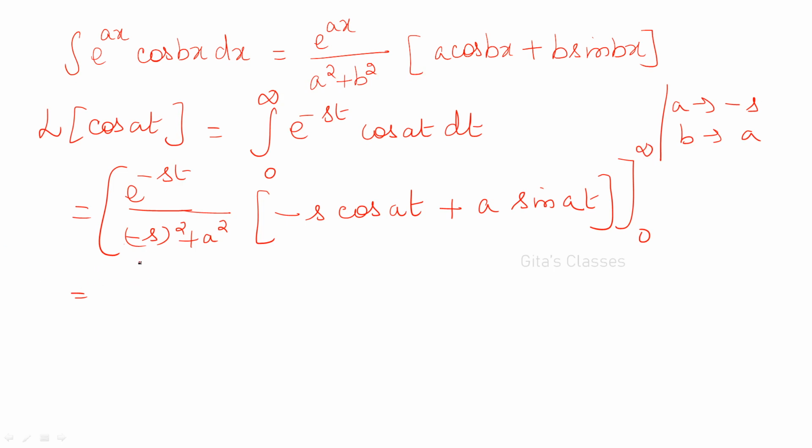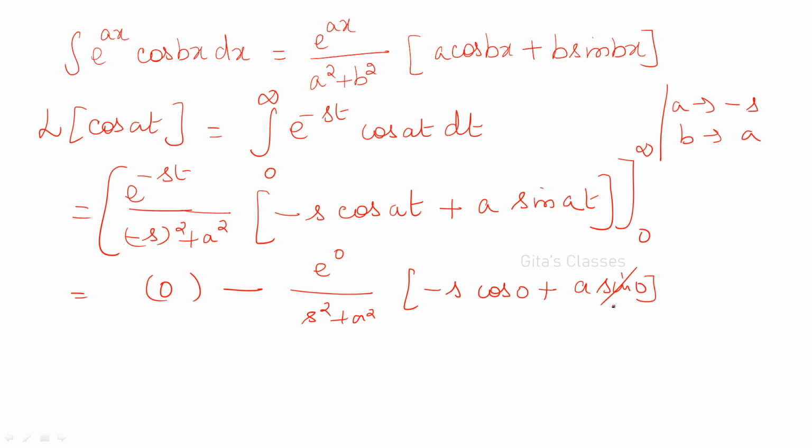So when you apply the upper limit, it will become 0. And minus of, for the lower limit, you will be getting e power 0 divided by s squared plus a squared into minus s cos 0 plus a sin 0.